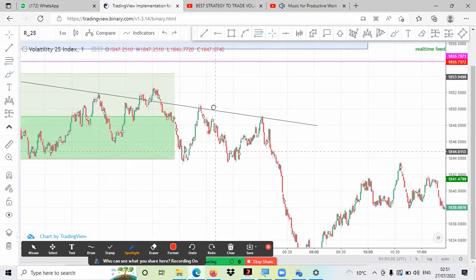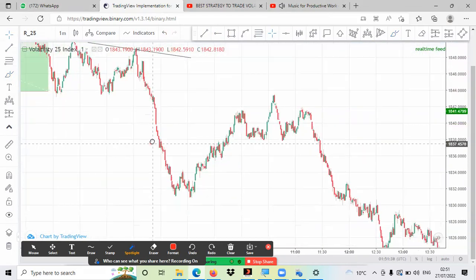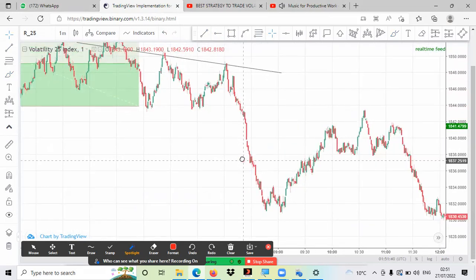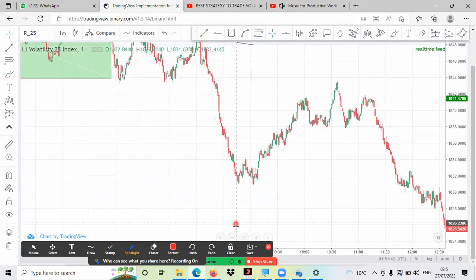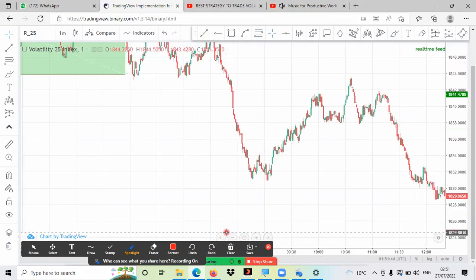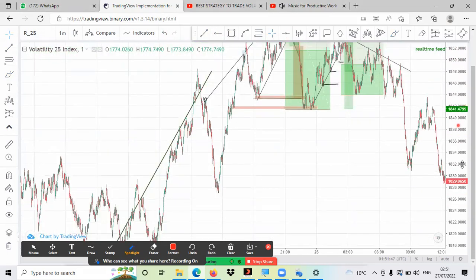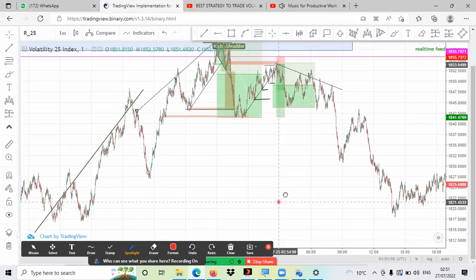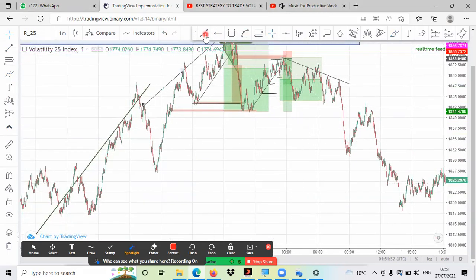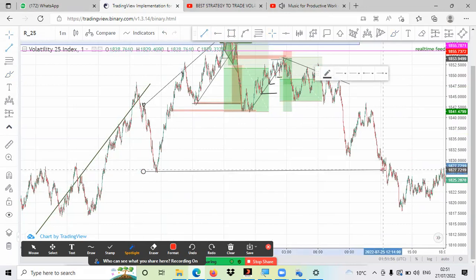Main target, we'll be targeting this area. We are targeting where the impasse started.